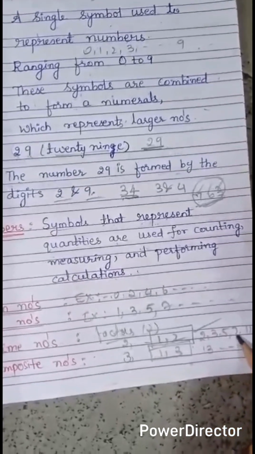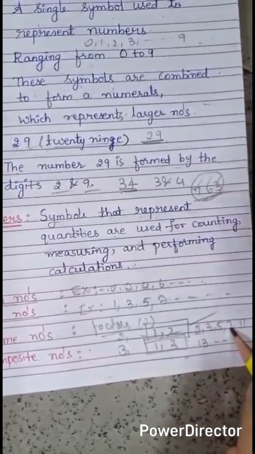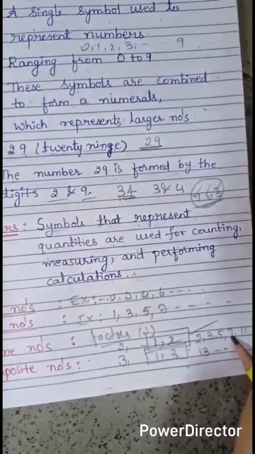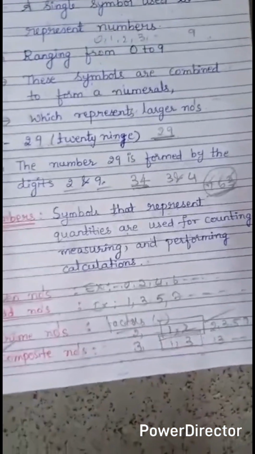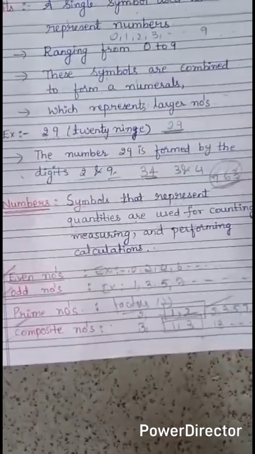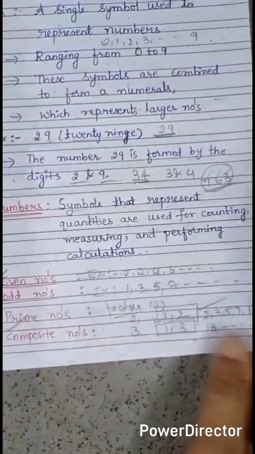Suppose we take 7. What are the factors of 7? 1 and 7. So these numbers are called prime numbers. The numbers which have only 2 factors are called prime numbers.